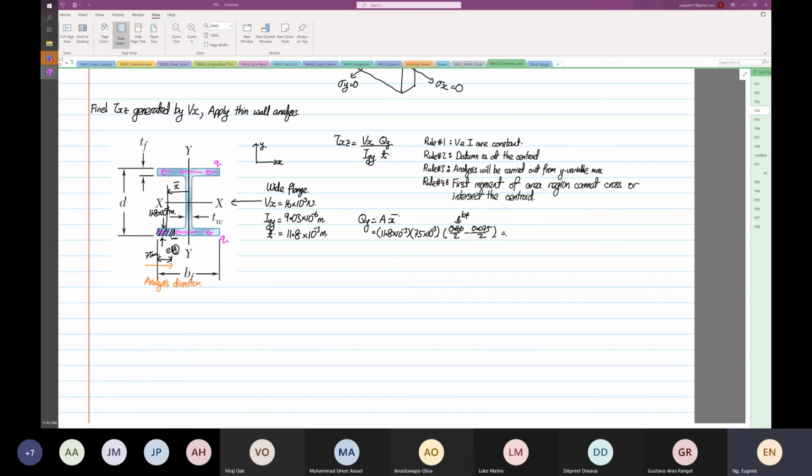So this will be equal to 40.2675 times 10 to the power minus 6 meter cube. Okay.